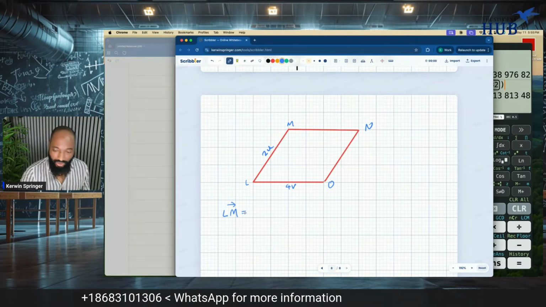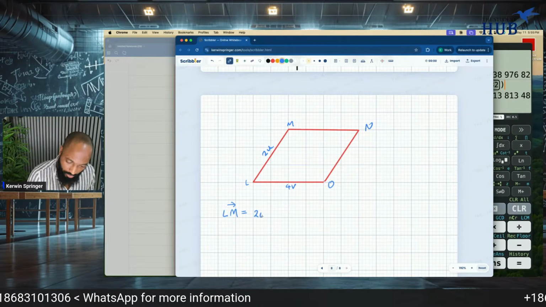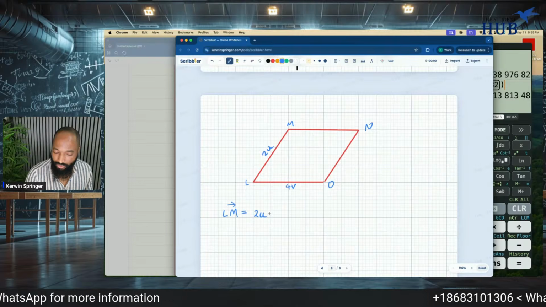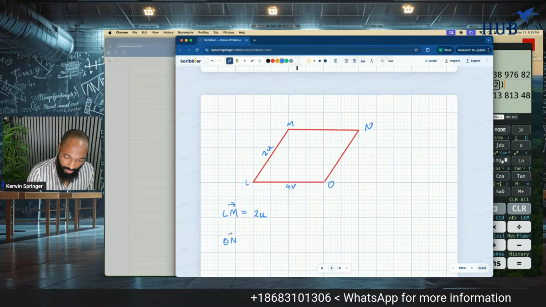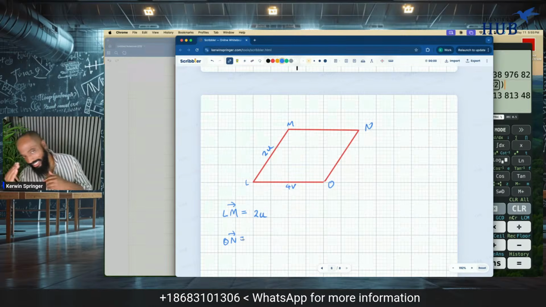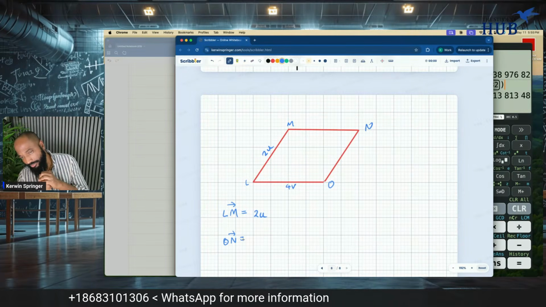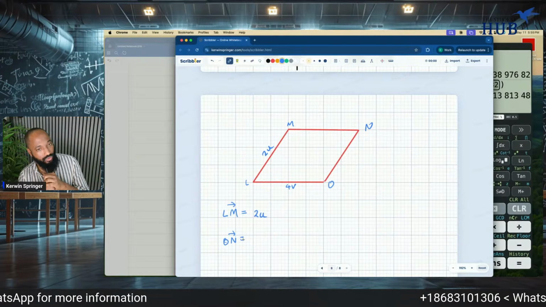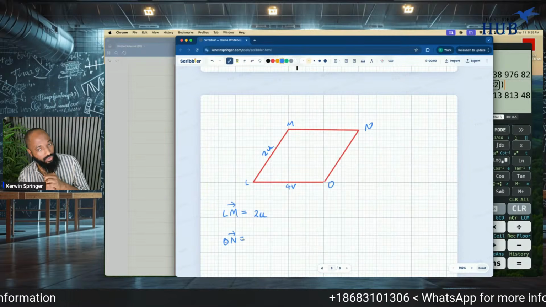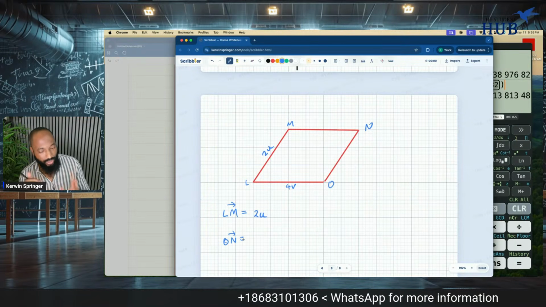Well, LM is just 2u. LM is just 2u. Correct? Okay. What is ON then? Well, the thing is, once vectors are the same size and parallel to each other, they're actually the same. You see where ON is?